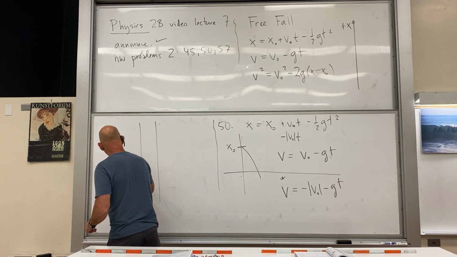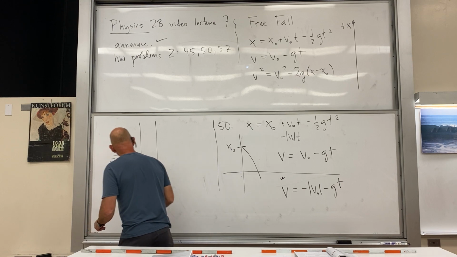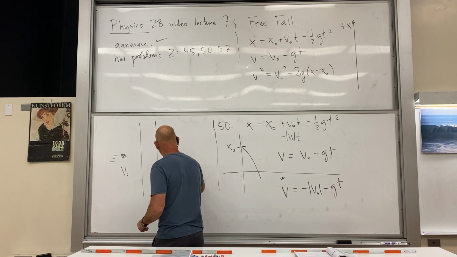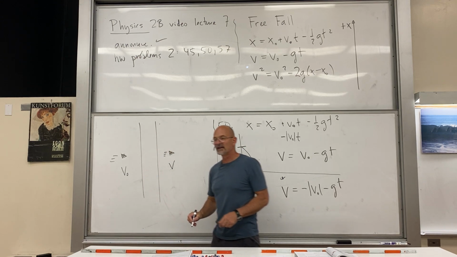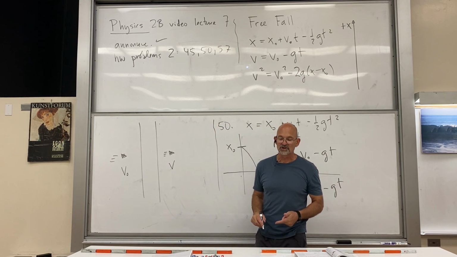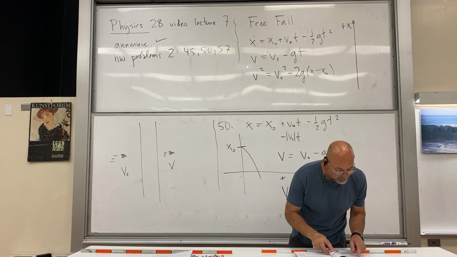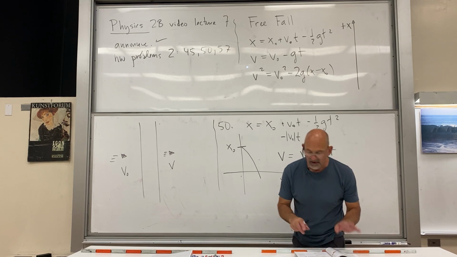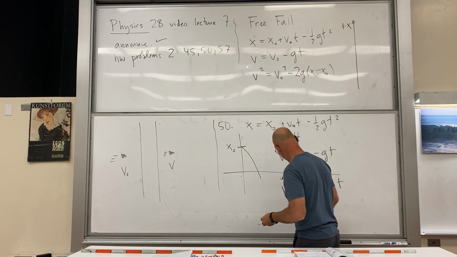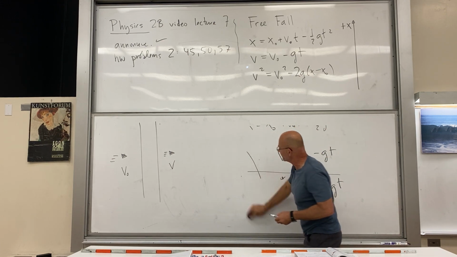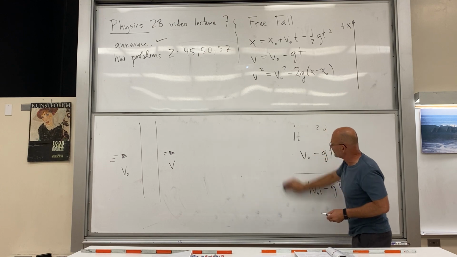So it has V0 on this side, and it comes through, it has V final. And it's slowing down, so V final is slower than V initial. They gave us some numbers, large numbers. I'm not worried about the numbers. You guys can plug those in. But I will explain this one.